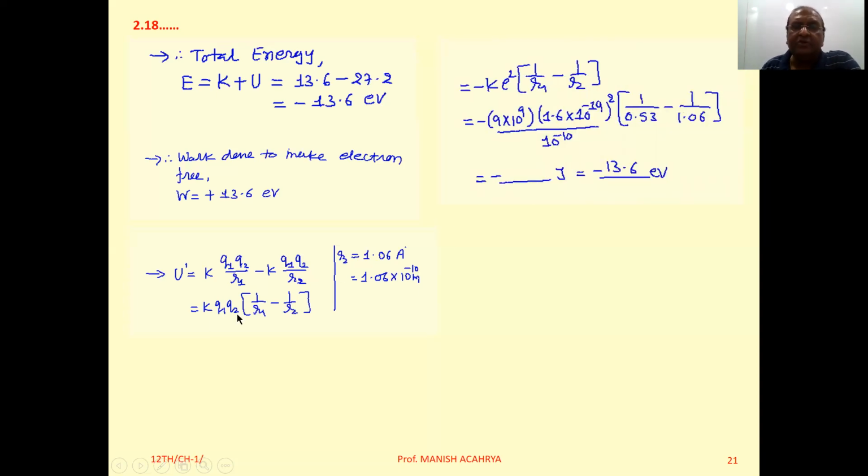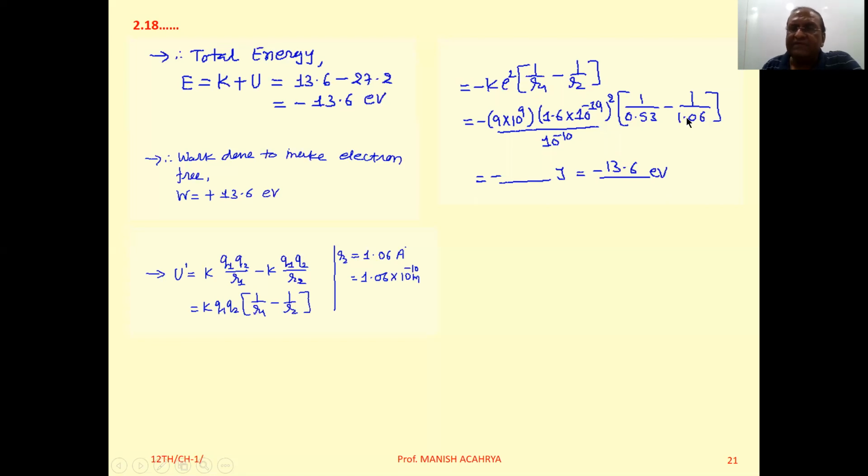Now Q1 Q2 is plus e minus e, so minus K e square into 1 upon R1 minus 1 upon R2. So minus K, that is 9 into 10 raised to 9, e, that is 1.6 into 10 raised to minus 19 whole square, 1 upon R1, where R1 is 0.53 into 10 raised to minus 10 meter, and R2 is 1.06 into 10 raised to minus 10 meter.